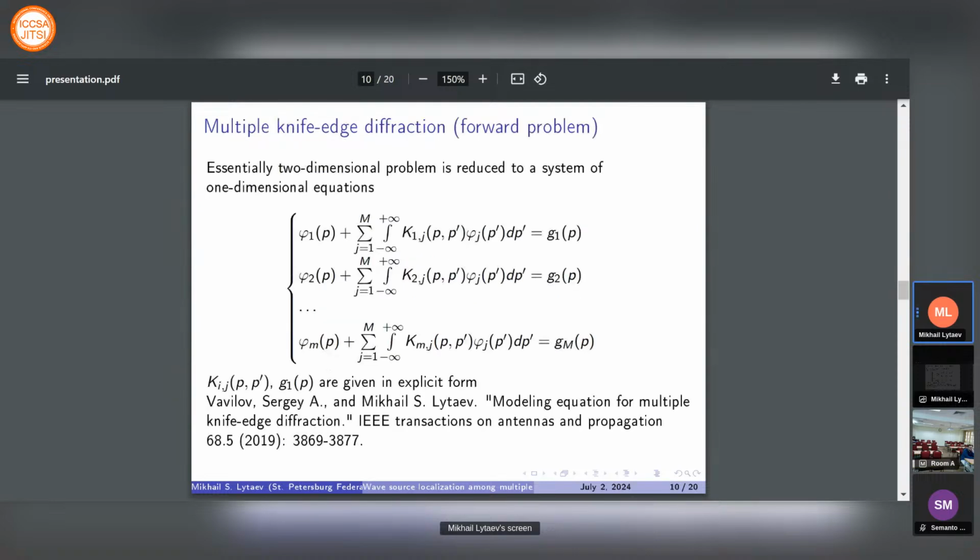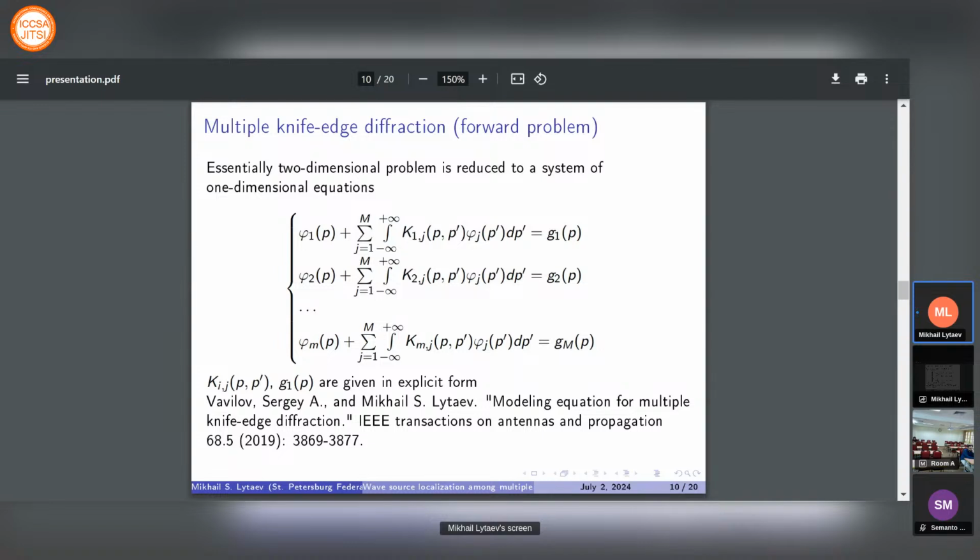Now let's briefly discuss the forward problem. Generally speaking, it is essentially two-dimensional and quite computationally expensive. Here we use a method recently proposed by me and Professor Pavlov, which helps to reduce the multiple knife edge diffraction problem from a two-dimensional problem to a system of one-dimensional equations.